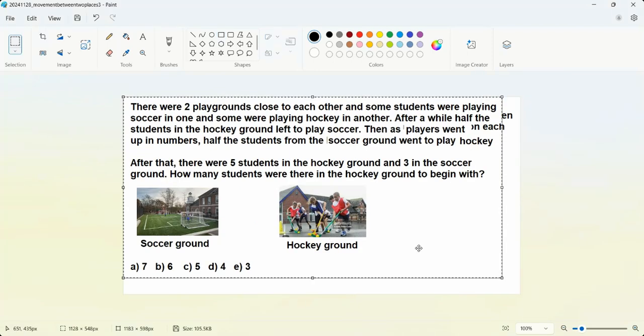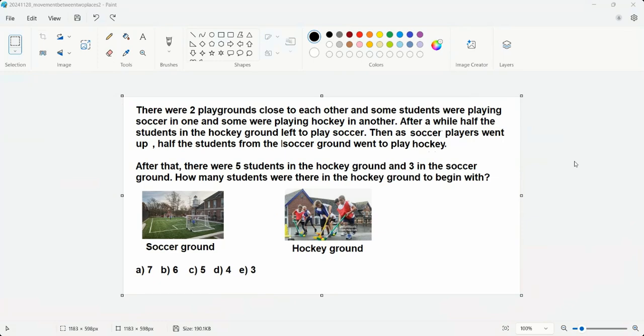So here's the new problem. You can pause the video right here and check out the problem and see if you can solve it using the method that I just explained. Then you can come back and see the solution that I present. So see you in a while.